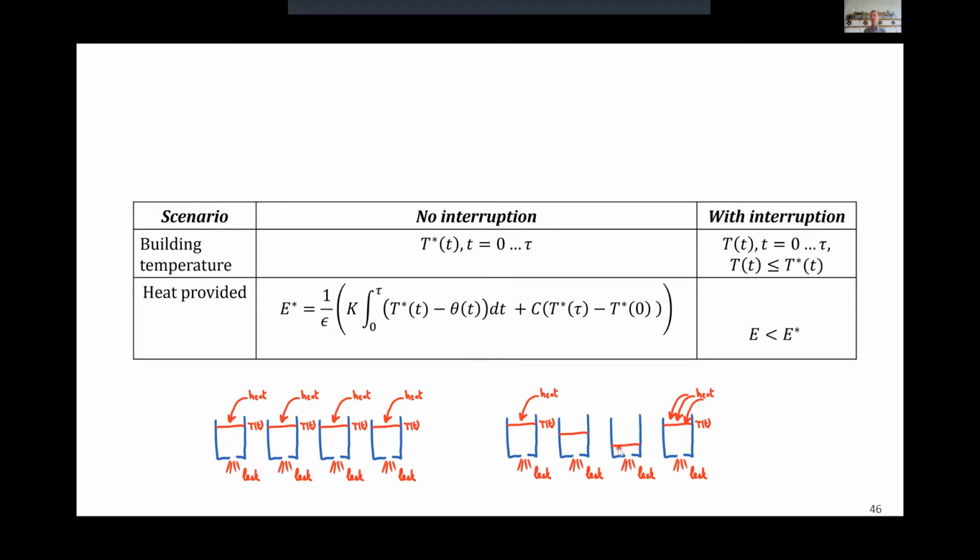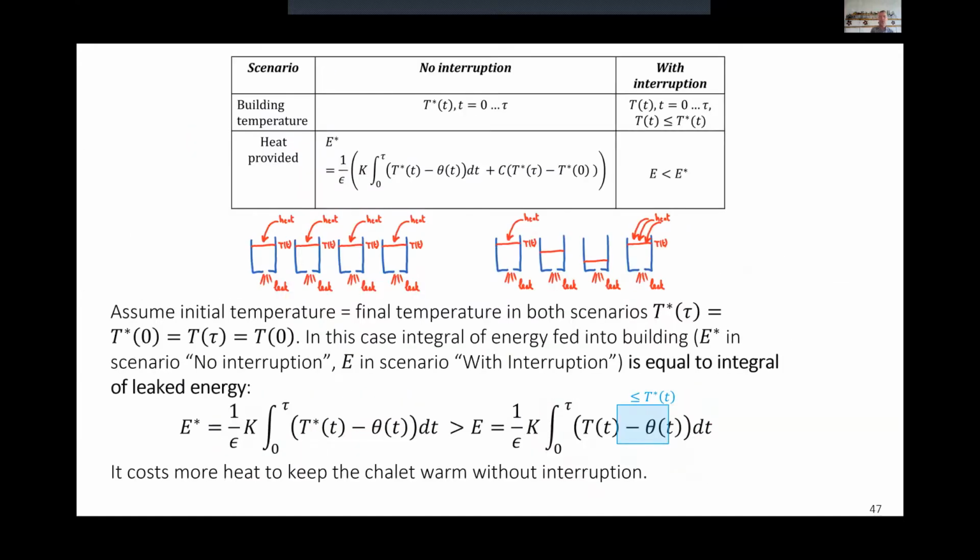In the best case, if the outside temperature is equal to the inside temperature, there is no heat transfer. So in this case, we expect the leak to be less because the inside temperature is less, which we can check mathematically instead of by image. We will see that the energy that we put in is less here.